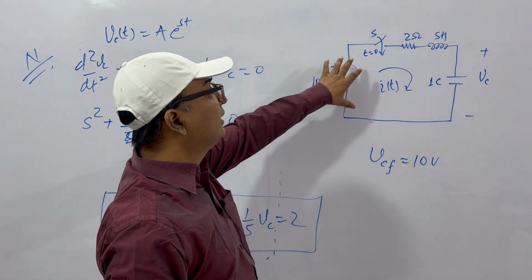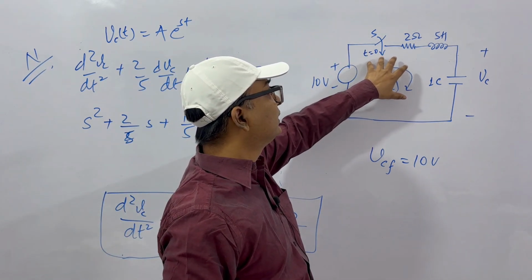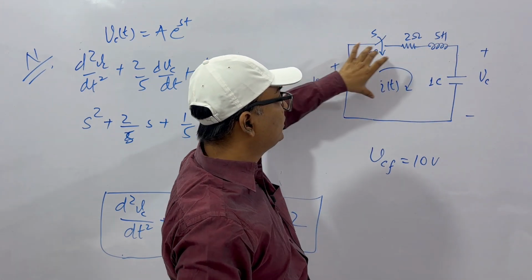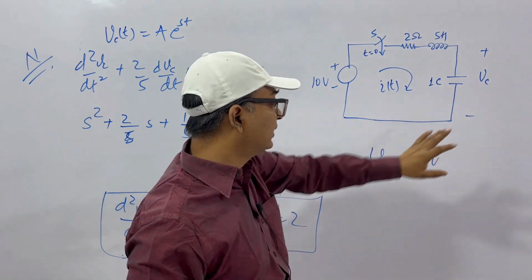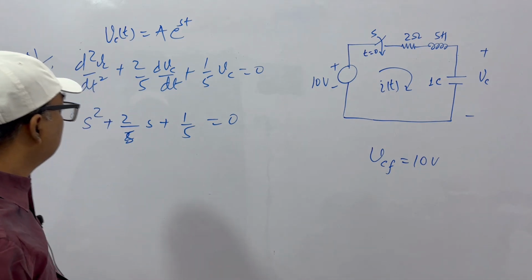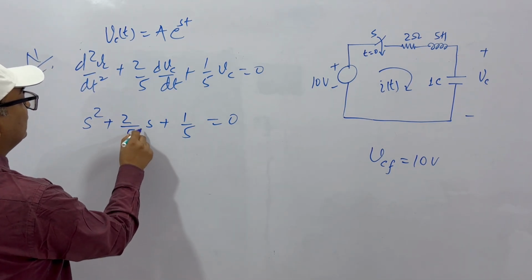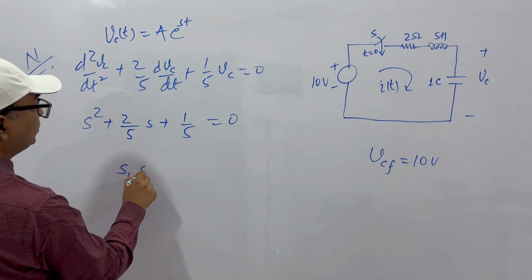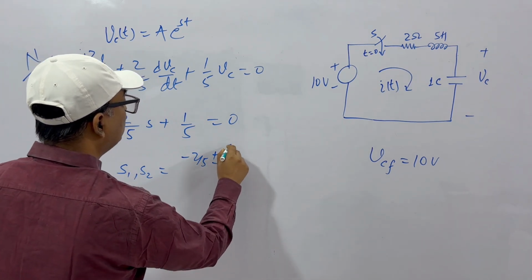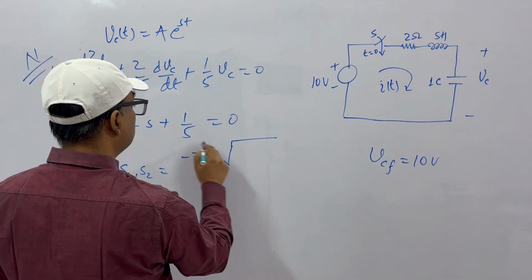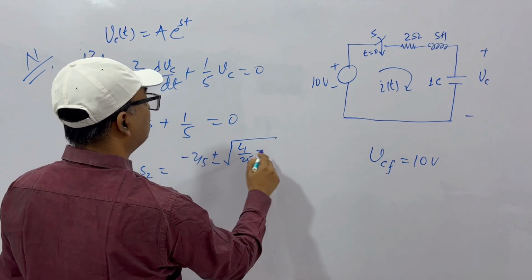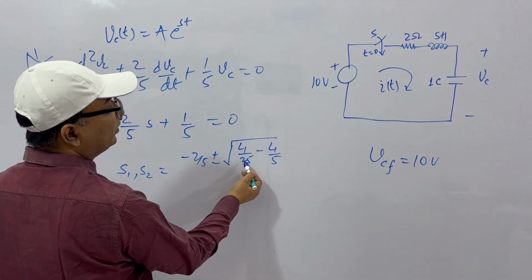Or you can see in the steady state, current will stop to flow. This will behave as an open circuit. Once it is open circuit, this voltage will be here. So Vcf is equal to 10 volts. Now I am rubbing this. So this is our equation. From here, what do we get? s1 and s2 will be minus b plus minus under root b square minus 4ac. b square is 4/25, minus 4ac, 4/5.